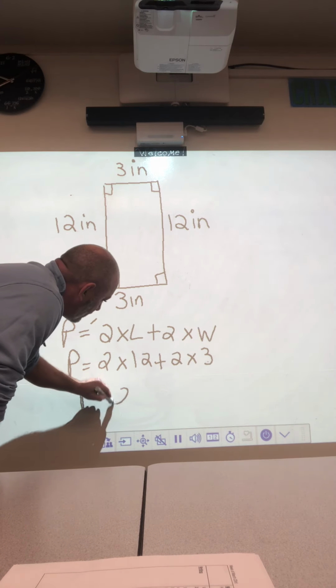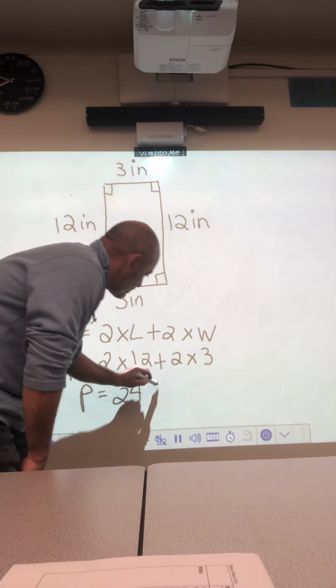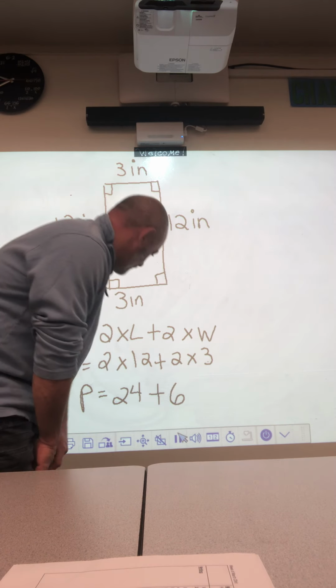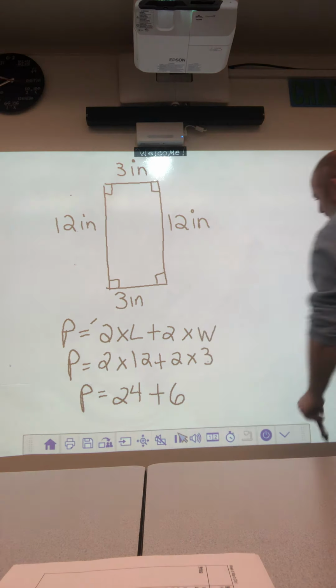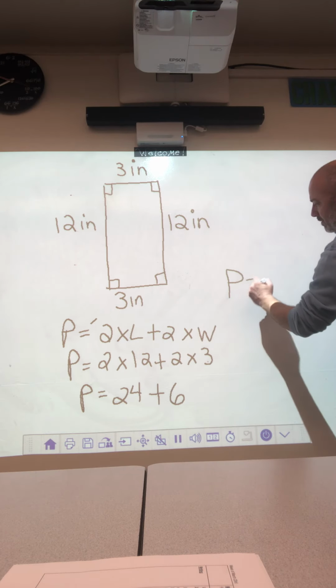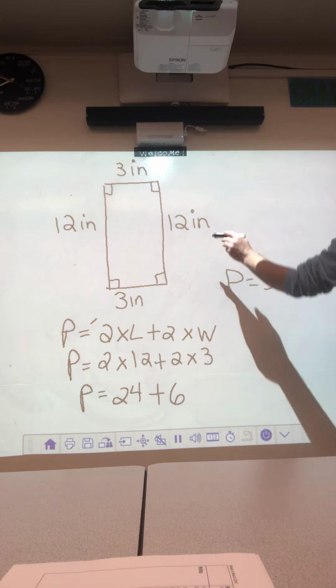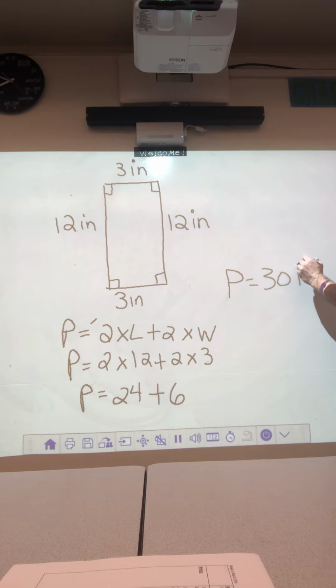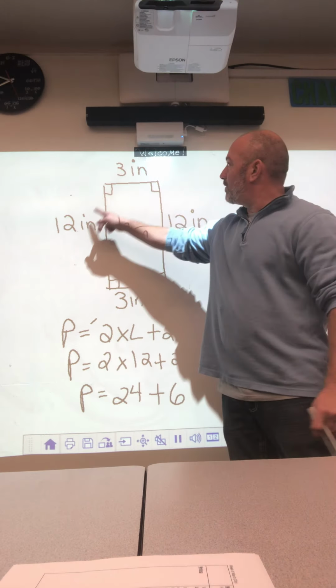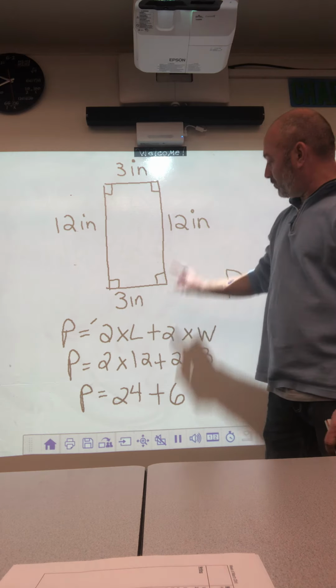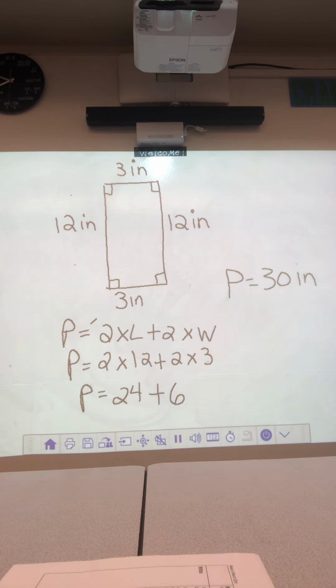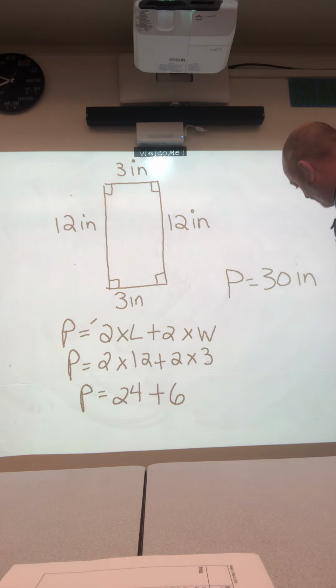Perimeter equals 24 plus 6. Perimeter equals 30 inches. So 12 times 2 is 24, 3 times 2 is 6, 24 plus 6 is 30. The perimeter of this rectangle is 30 inches.